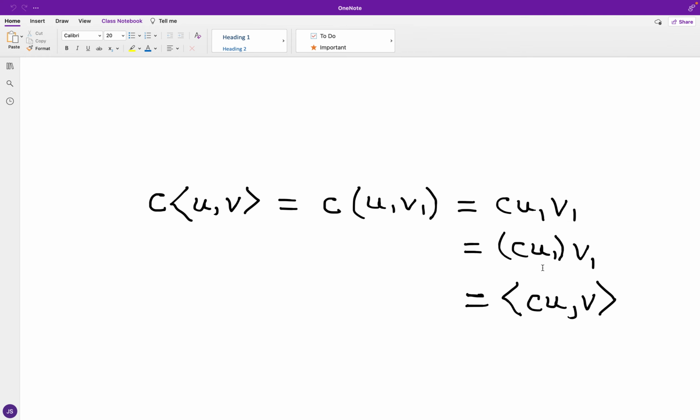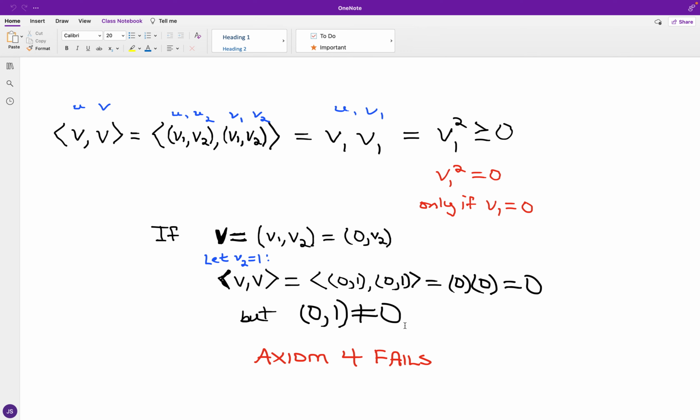So you have, in parentheses, C u sub 1 v sub 1, and that is going to translate to what we have in the pairing of Cu and v. So you have C times u followed by v, so the third axiom is going to be satisfied.